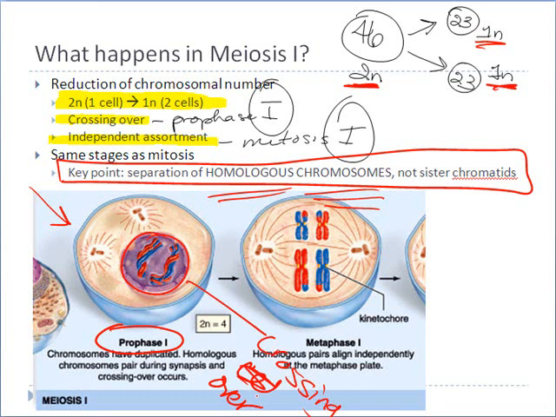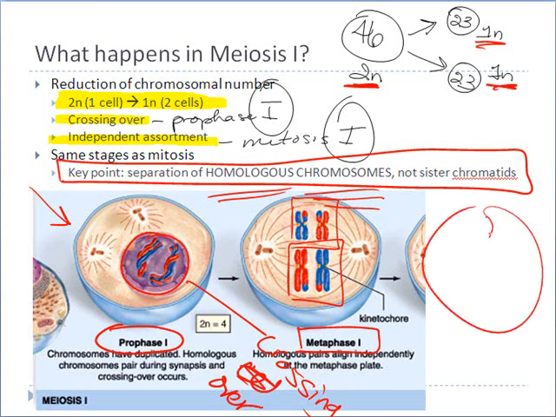Okay, we go into prometaphase I, and this is where, remember, the centrioles have moved to opposite sides of the poles of the cell. They've grown out their spindle fibers, and the spindle fibers have connected onto the kinetochores. We move into metaphase I, and in metaphase I, our homologous pairs line up as pairs. Notice that we don't have something like this where we have single chromosomes lining up along the middle like we do in mitosis.